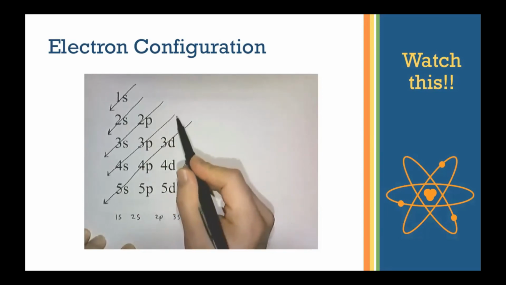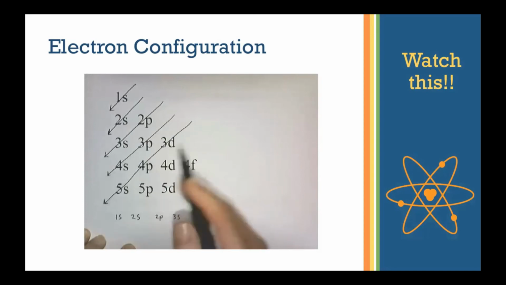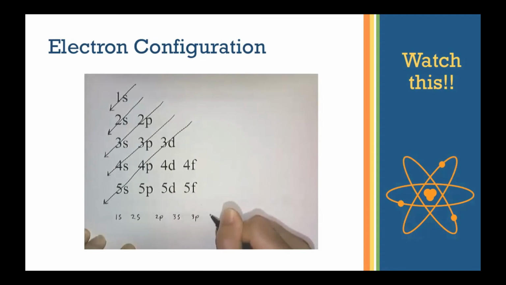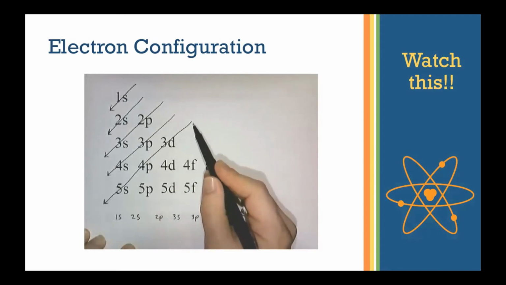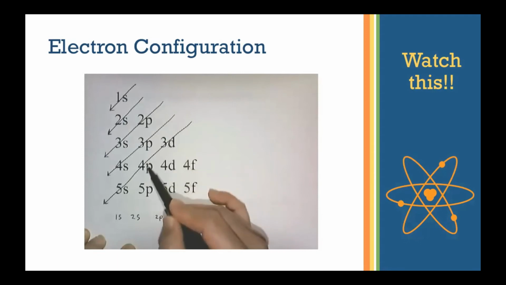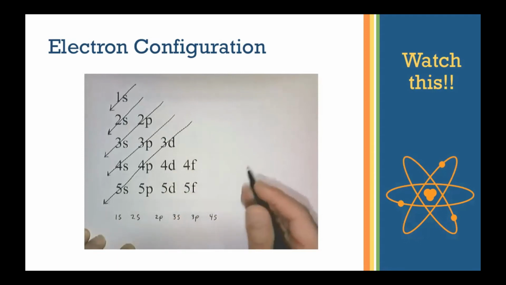The next arrow goes through 3P and 4S, so I'm going to write 3P, and then 4S. And then the next arrow goes through 3D, 4P, 5S. These are written out in the order in which the arrows slice through them.